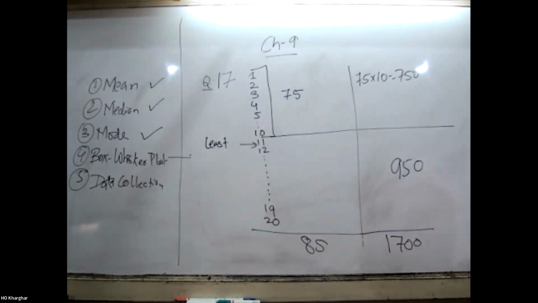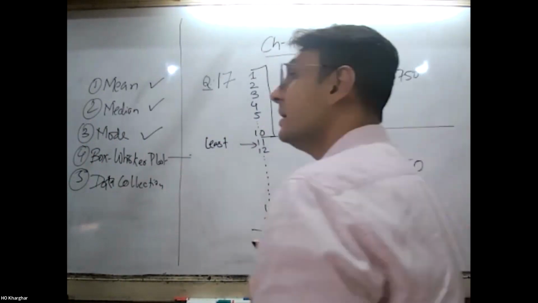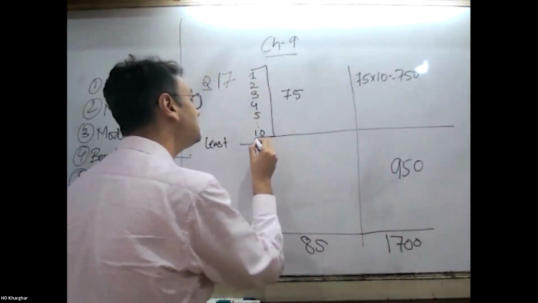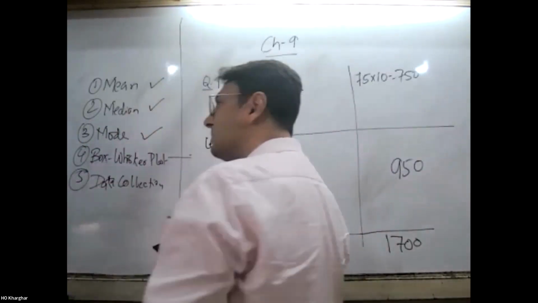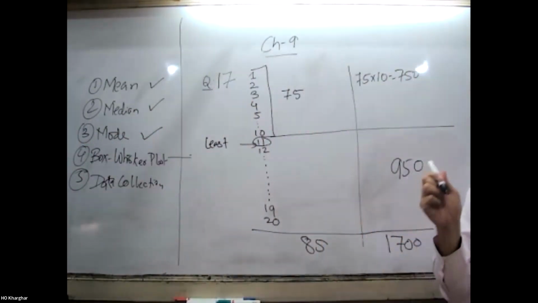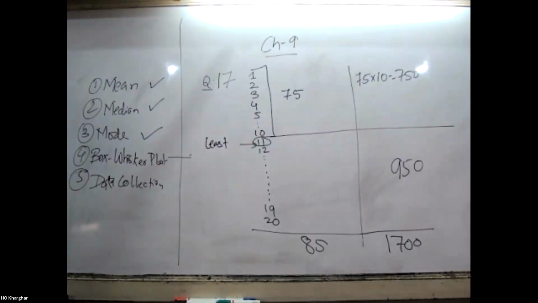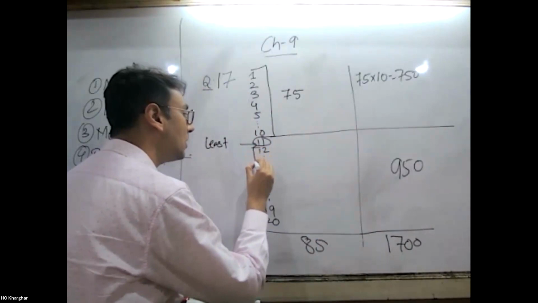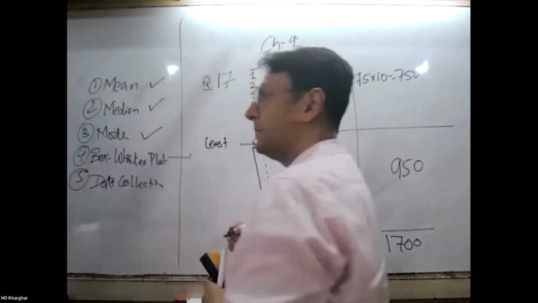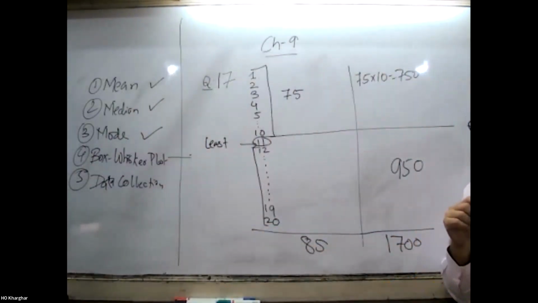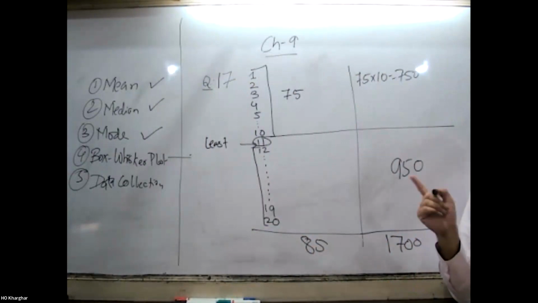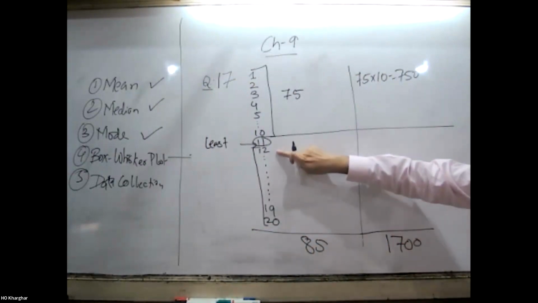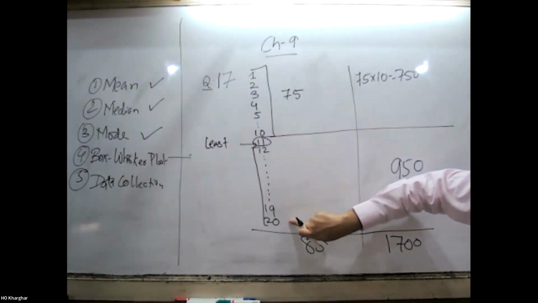Now the question says I have to minimize the 11th rating. What is the minimum possible score for the 11th rating? In that case, let me maximize all other ratings from the 12th to the 20th. The maximum score for any rating is 100, and there are 9 such ratings from 12 to 20.